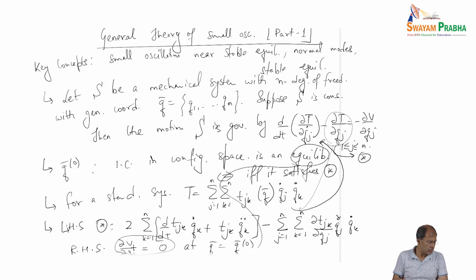In other words, the equilibrium configurations of a conservative system are going to be stationary points of the potential energy V of q. So that is what we have.